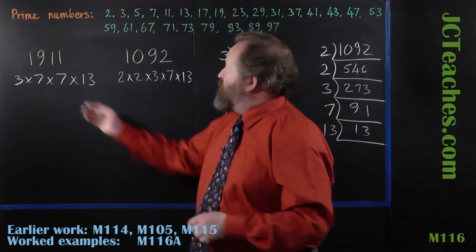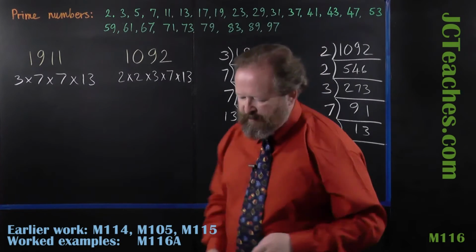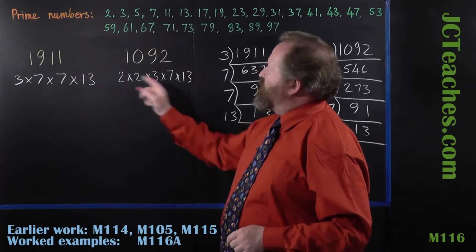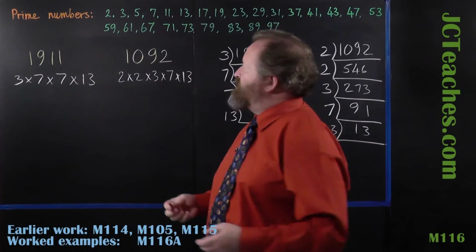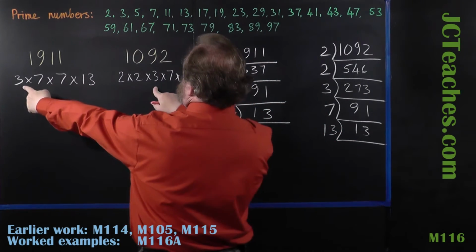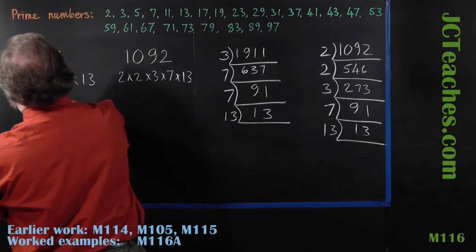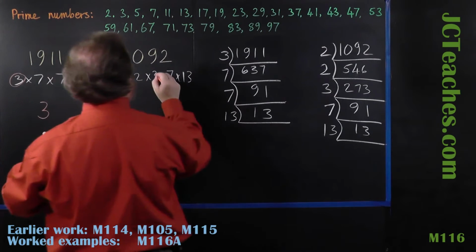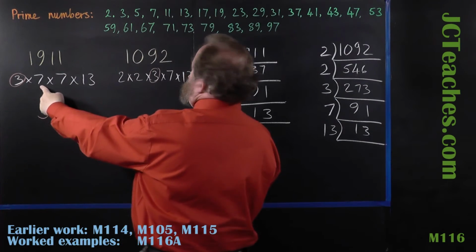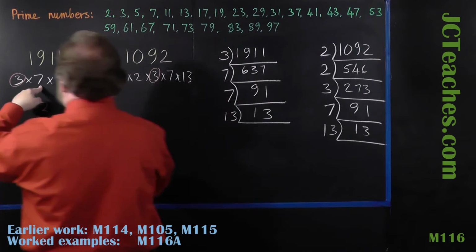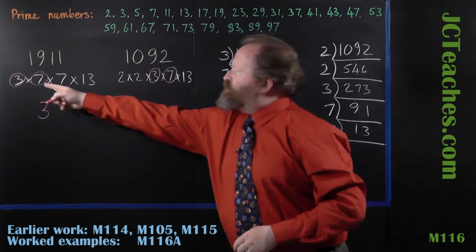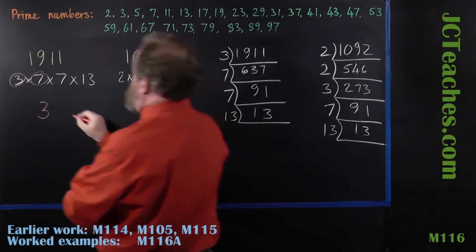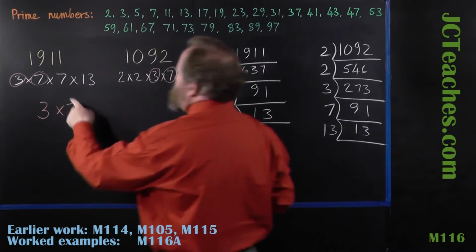Okay, so we've got our sets of prime factors of both of these. And we go through these, finding out which numbers appear in both of them. Doesn't matter which one you do first, by the way, as again, you'll get the same answer. 3, there's a 3 there, there's a 3 here. So I can use the 3. There's a 7, and a 7 over there. So I can use that 7 and that 7. Another 7 here.